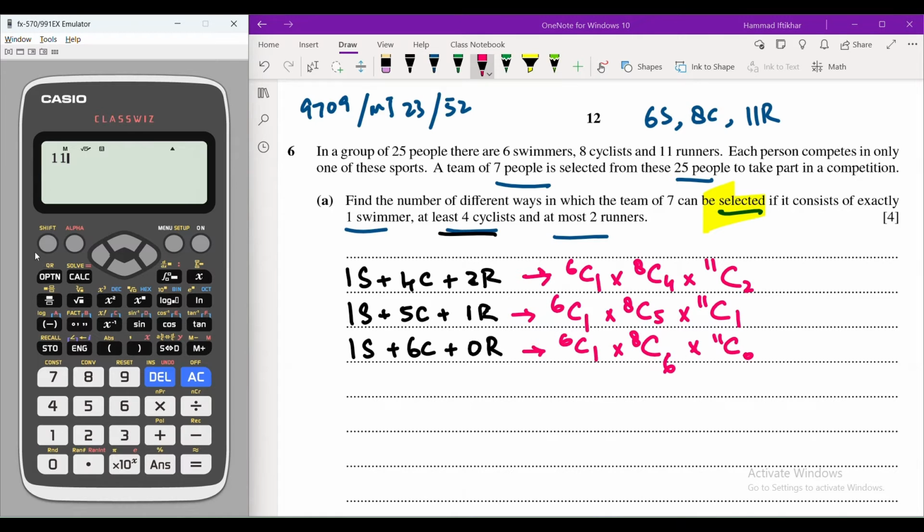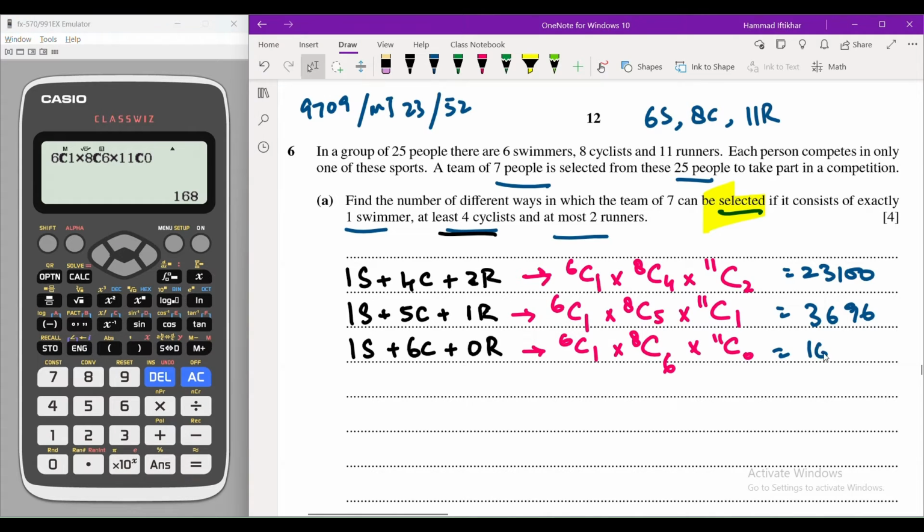All right, so let's find out each one of them. 6C1 times 8C4 times 11C2. We get this. Now 11C1, 8C5, and 6C1. So 3696. And then 11C0 and 8C6.